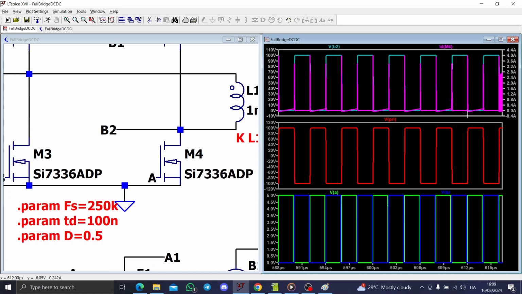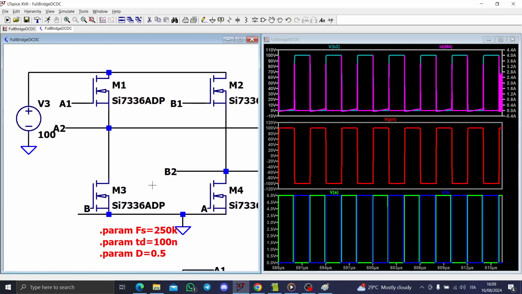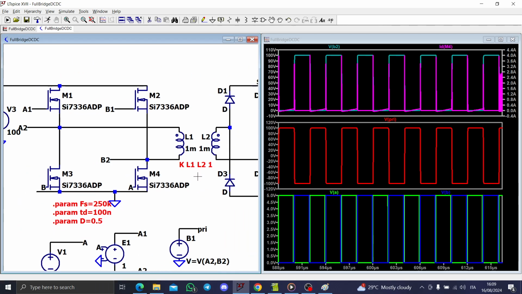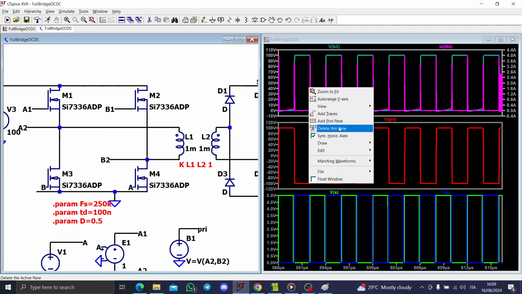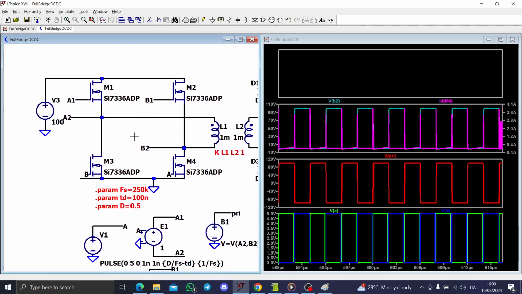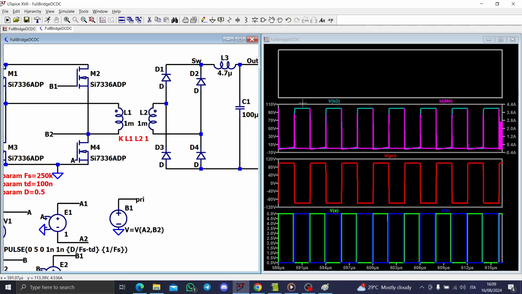Okay, there are some spikes, but I don't care so much. This is basically just the current waveform of the MOSFET. Then let's switch to the secondary side.